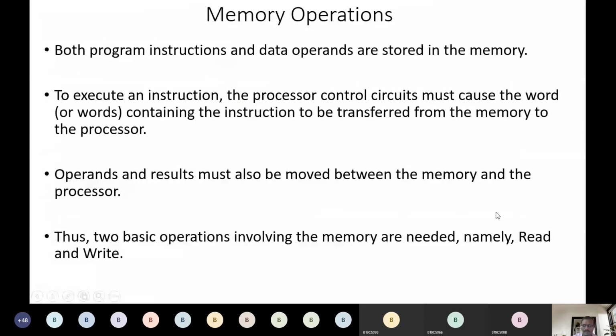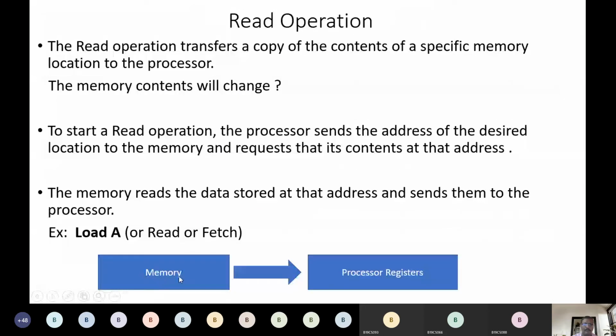We have read and write operations. You can see read operation: primary memory to processor registers. How is read done? With this assembly level instruction, load A. When we say load A, A is a variable in memory. So it is read and transferred to processor registers, and stored in processor registers.